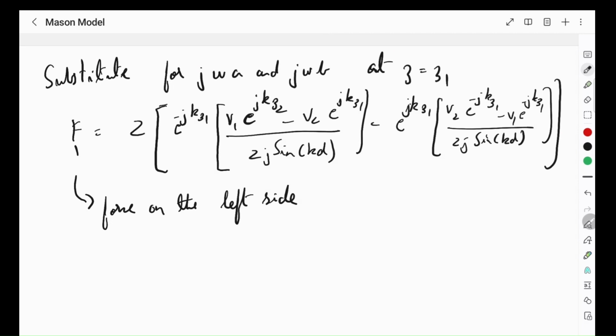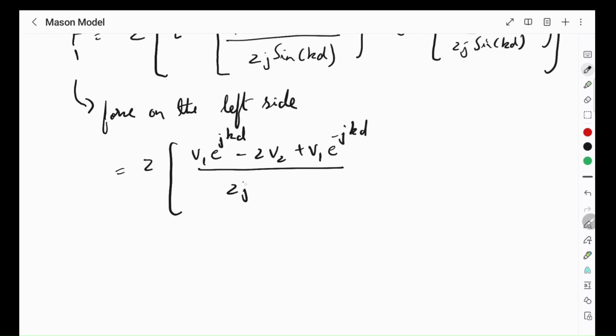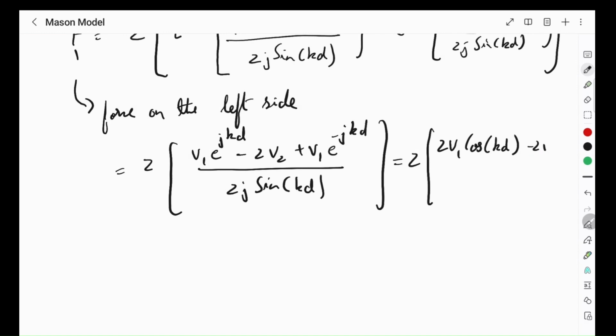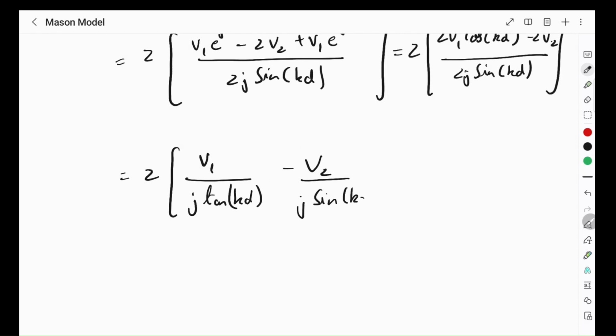Now we can solve it further to get Z into v1 e^(jkd), d you know is z2 minus z1, minus 2v2 plus v1 e^(-jkd) divided by 2j sin kd, is equal to Z into 2v1 cos kd minus 2v2 divided by 2j sin kd, is equal to Z into v1 divided by j tan kd, you bring the cos down, get tan, minus v2 by this, just substituting.